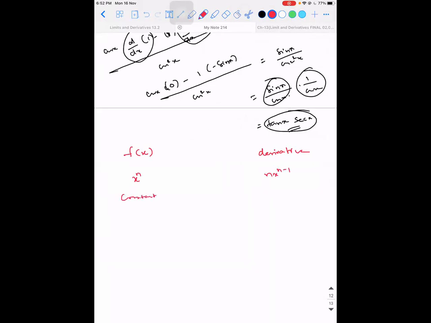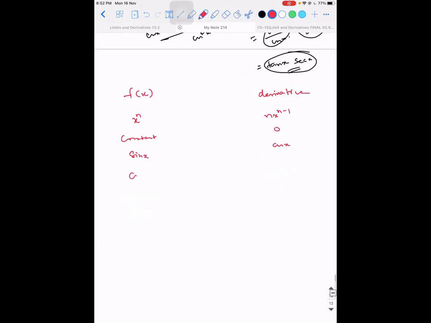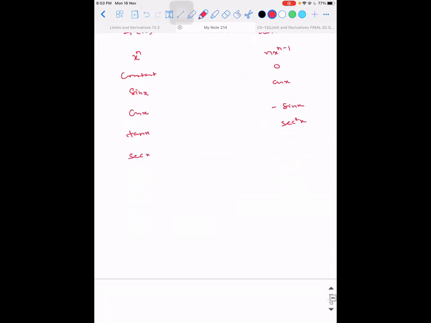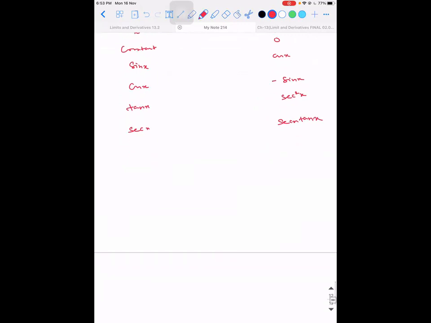Constant, derivative is 0. Sin x, derivative is cos x. Cos x, derivative is minus sin x. Tan x, secant square x. Secant x, secant x tan x.